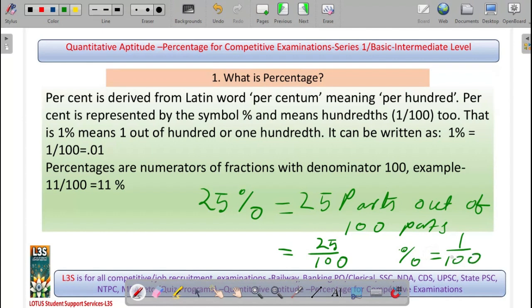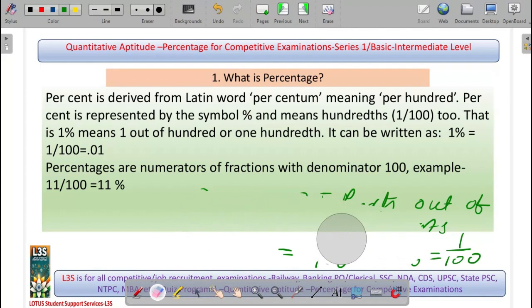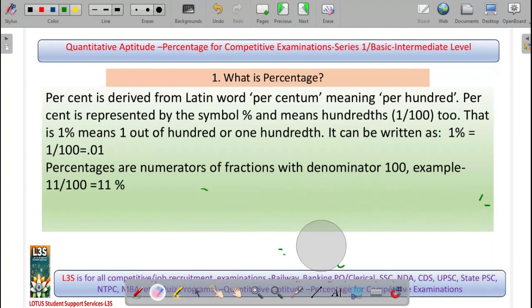Always remember, when this percent sign is there, that means 1 by 100. One thing out of 100 means percentage. So when we say 25 by 100, that means 1 by 100 is percent, so we can write this as 25%, is it not? So this is 25% when total is 100.